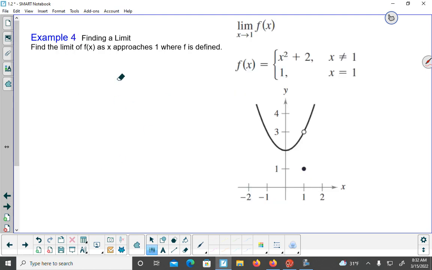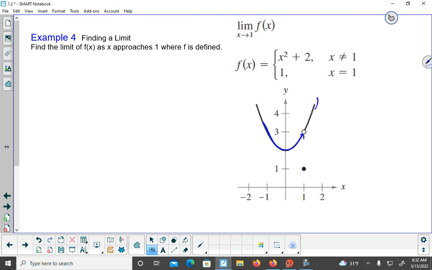Number 4 is an example of a graph where we have the graph, we have the equation. It's a piecewise equation, which is fine. I like piecewise equations. So it's asking me to find the limit of f of x as x approaches 1. So if I'm looking at this graph, and if I'm going from the left, approaching that one from the left, it looks like it's going to be 3.